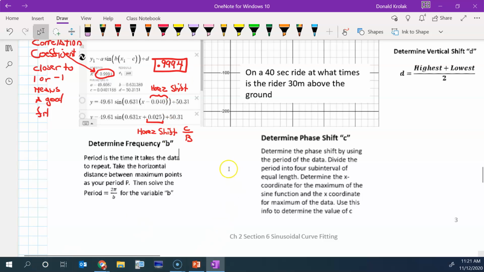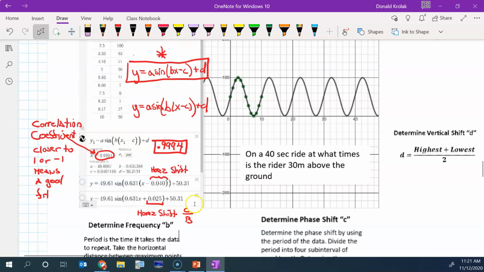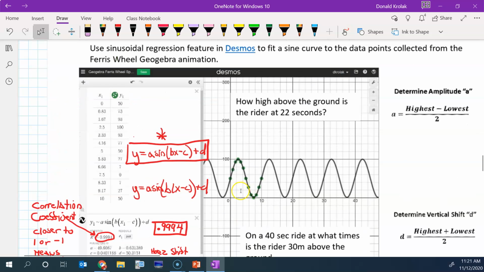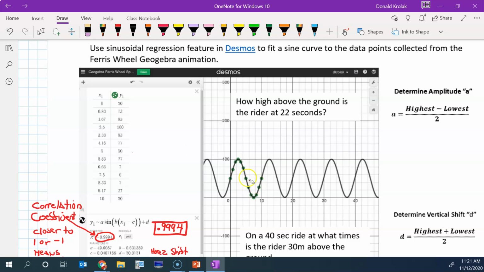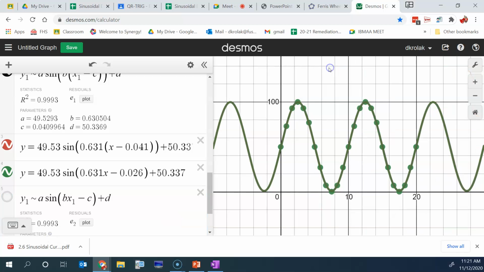All right, now using Desmos, answer these two questions. How high above the ground is the rider at 22 seconds? How would you find that out?